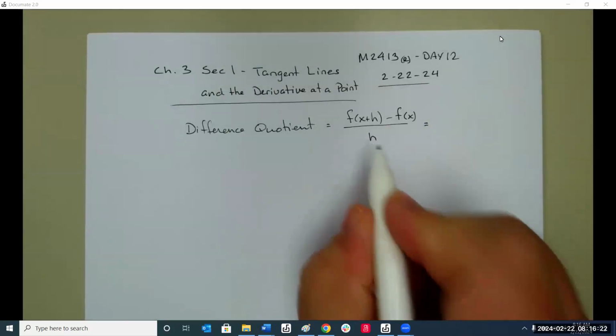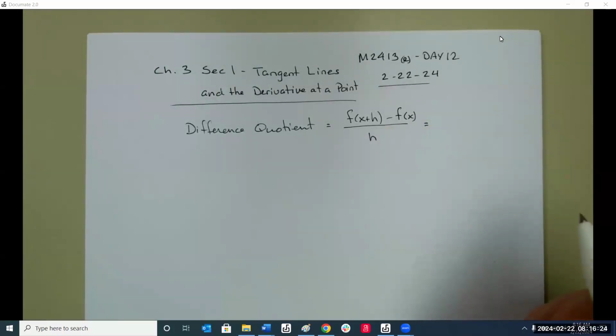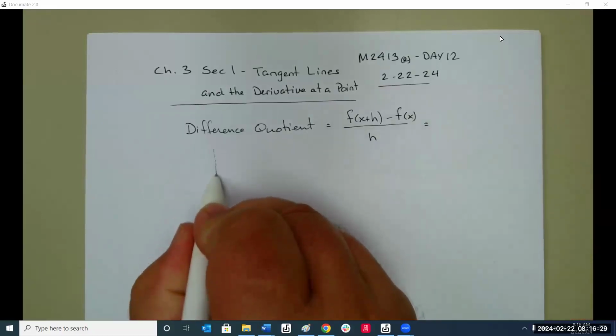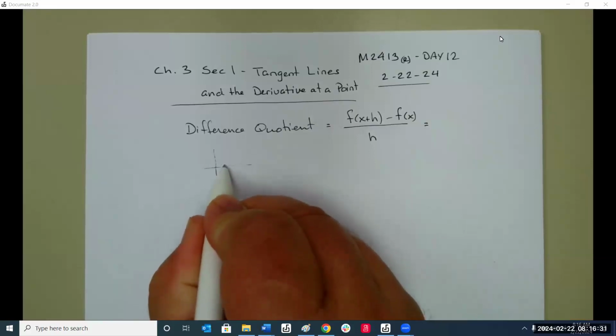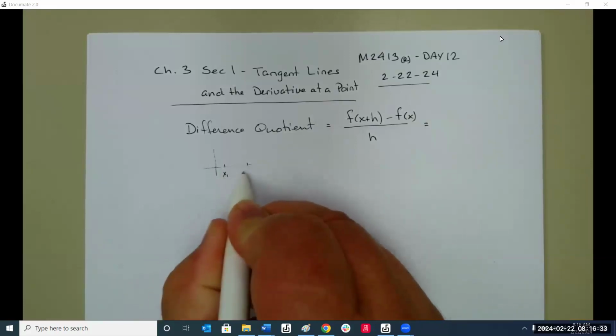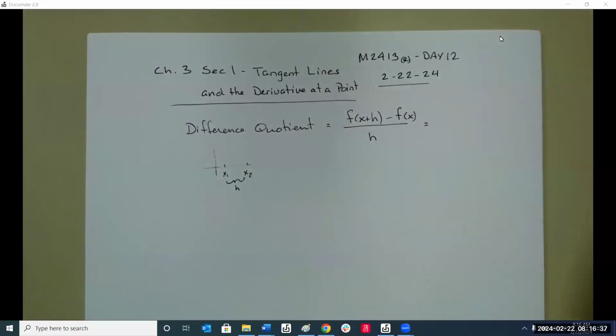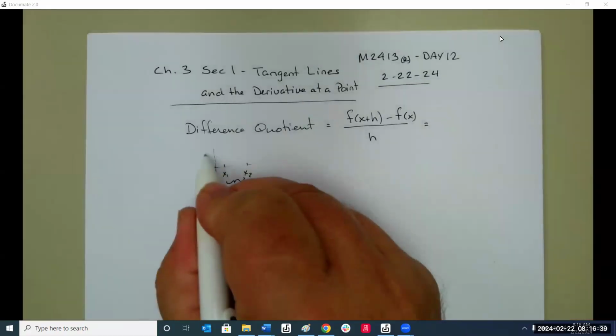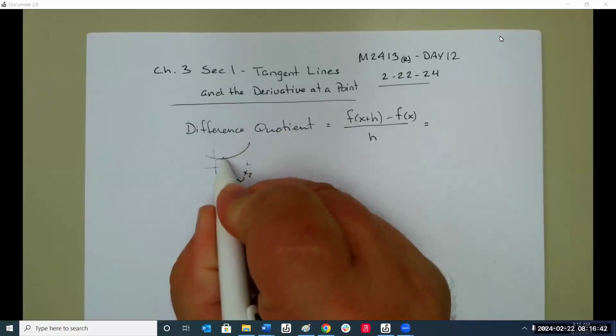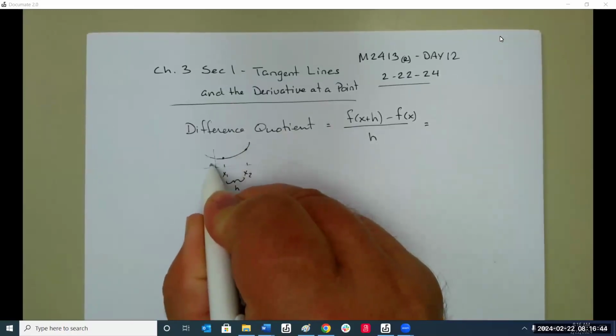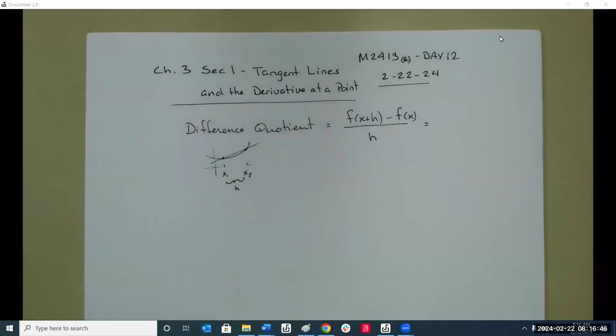Remember, what did h represent? How did we define h a long time ago? H was the distance between x1 and x2. If we had a curve, we found a point there and a point there, and we could find the slope between them.